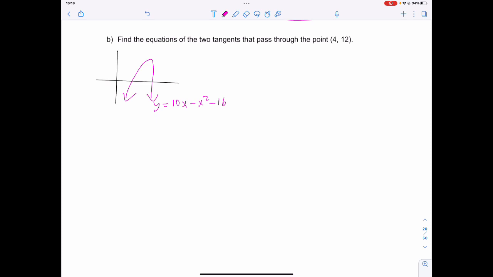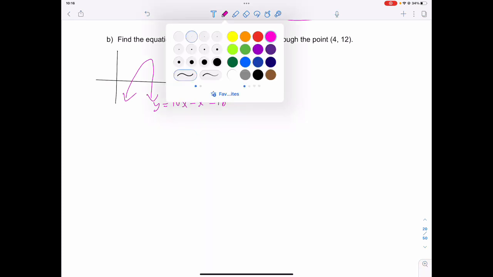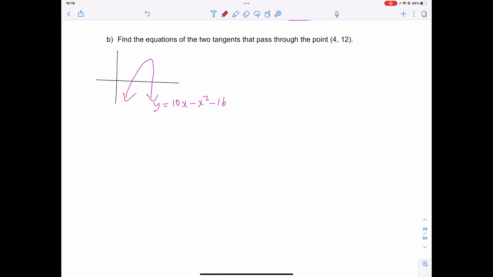And it says find the equation of two tangents that pass through the point of 4 and 12 up here.